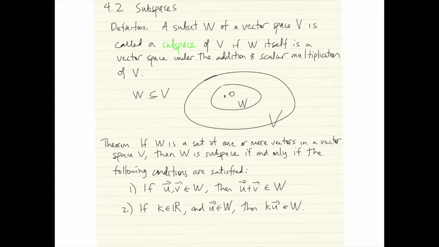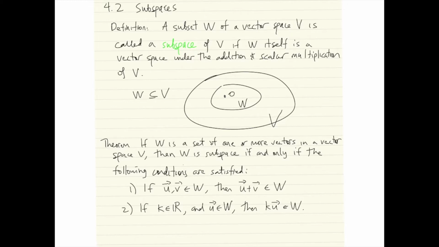So what does this mean? We've got our vector space V, and W is some part of it. In terms of a picture, maybe W is this thing here, and because elements of W are also elements of V, we can define addition of two elements of W as their addition considered as elements of V, and then take a real number and multiply an element of W by the rule that comes from the fact that V is a vector space.